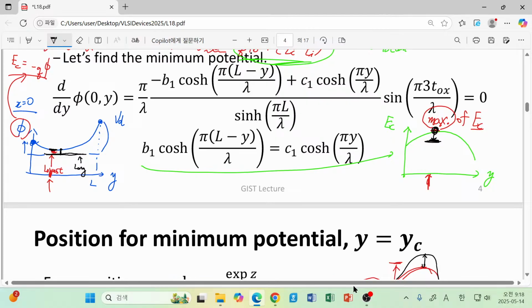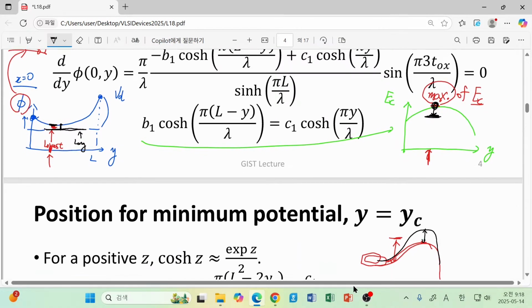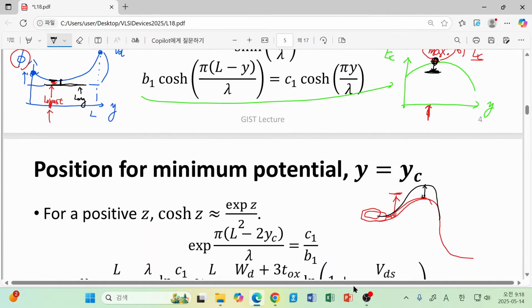So simply speaking, the total channel barrier becomes a lot easier to overcome. So that is the reason why we have much easier current conduction compared with a long channel device. So that is the decrease of our threshold voltage.